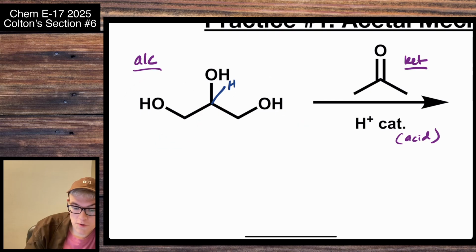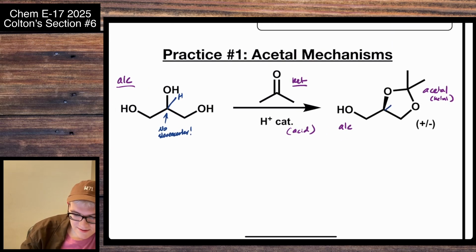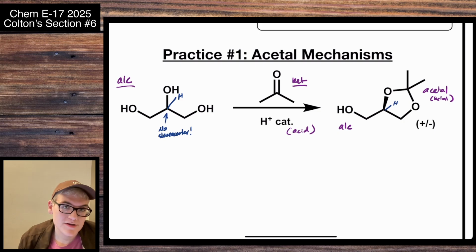So there is no stereocenter here. But somehow, in our product over here, we do have a stereocenter. It's attached to 4 different things. So we need to be on the lookout during our reaction for that to change. Something is going to change where this suddenly becomes a stereocenter.